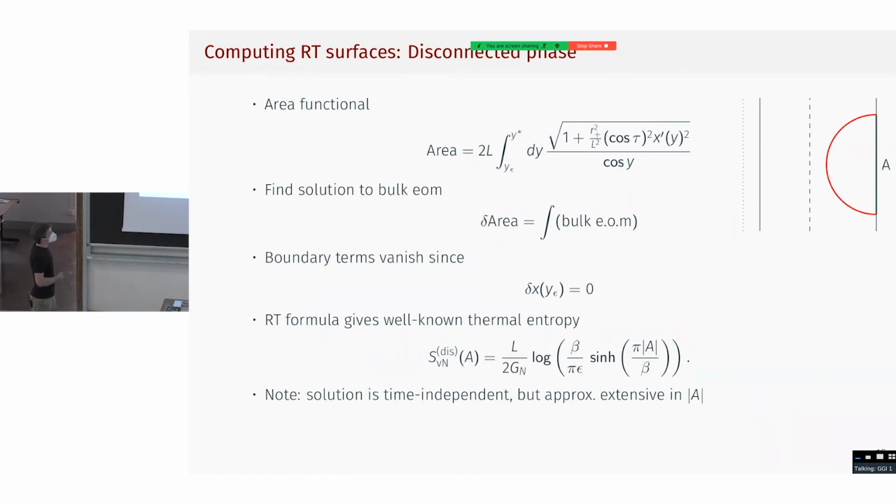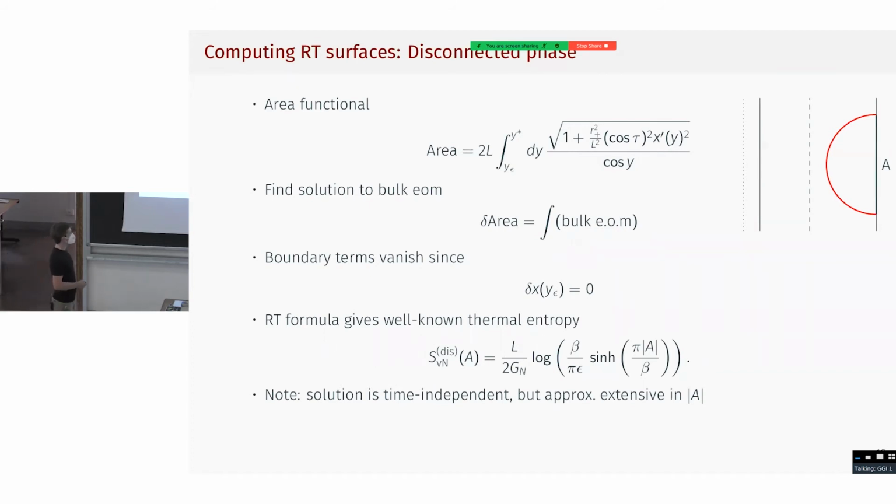There are two candidate RT surfaces I mentioned before. One, which I will call the disconnected phase, is just the usual RT surface which computes the thermal entropy of an interval. You have your area functional, you look for an extremum. It has boundary terms generally when you vary this, but those vanish because you fix the endpoints of your interval. And then if you plug in your solution and divide by 4 Newton, you get the usual expression for the thermal entropy.